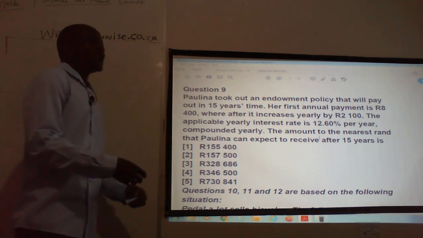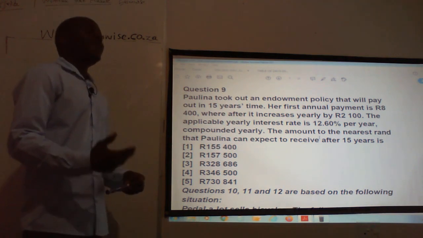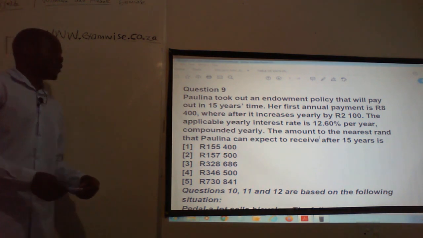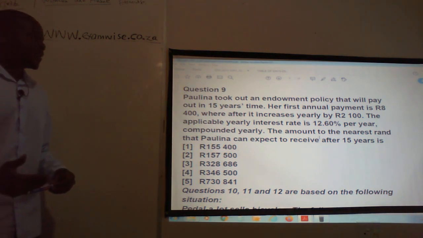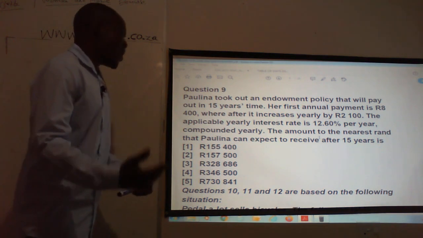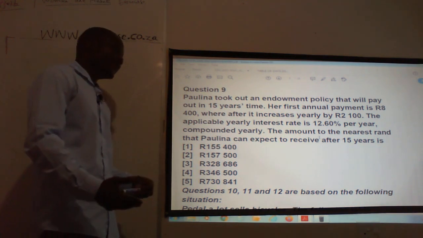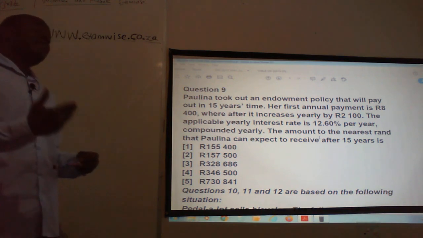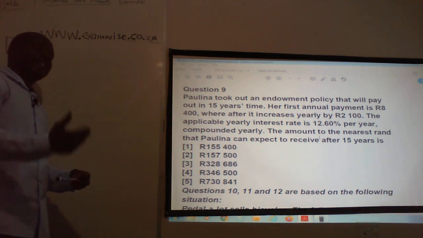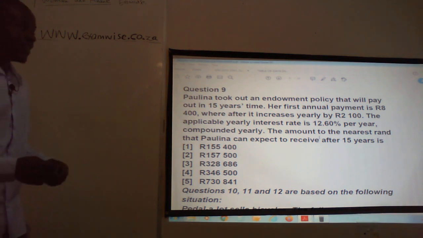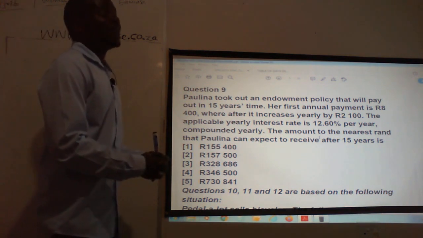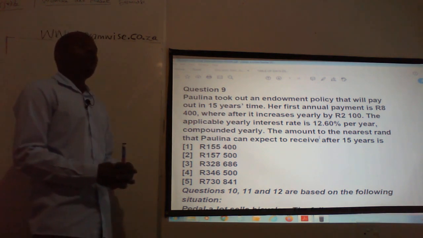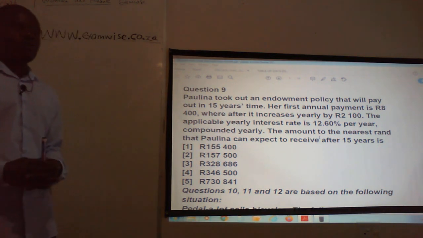So the first thing, what are we required to calculate? Here we are required to calculate the amount that Paulina will receive after 15 years. It means we are required to calculate our future value, or the sum accumulated.